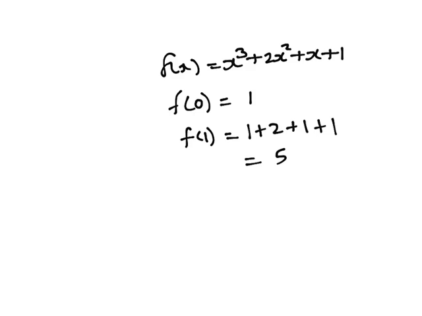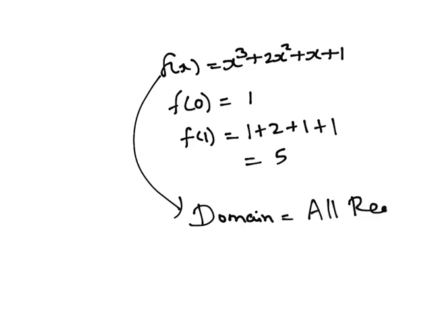Okay. So again, for this function, the domain is all real numbers. So for a linear function, the domain is all real numbers. For a quadratic function, the domain is all the real numbers.